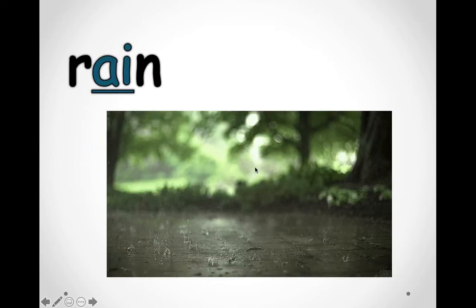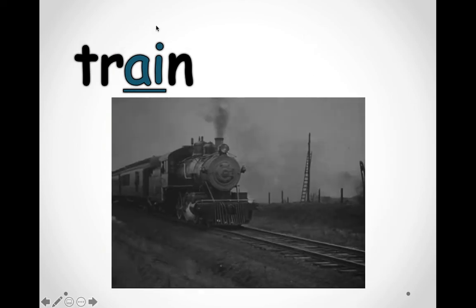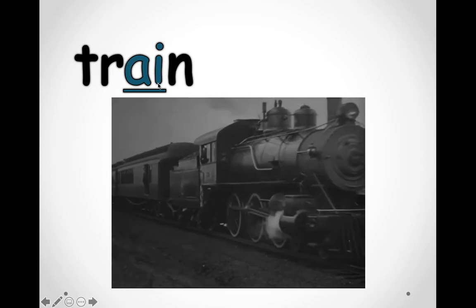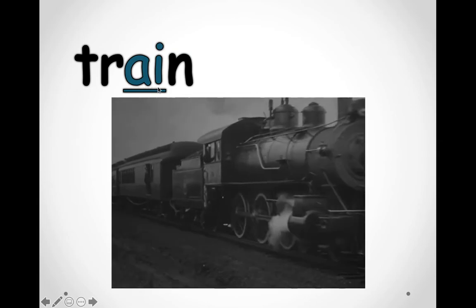Now, what is this? Amazing, it is rain. Now look, the A-I sound has been placed in the middle of the word. Rain. Let's look at the next word. Train. The A-I sound has been placed in the middle of the word.